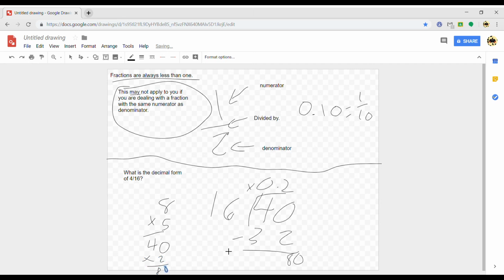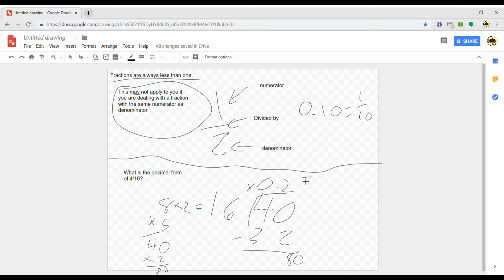And you guys are wondering, how is this going to help me? Well, 8 times 2 equals 16. If 8 times 2 equals 16, and 8 times 5 equals 40, you can group the two together to make 80. So 16 times 5 is therefore 80.